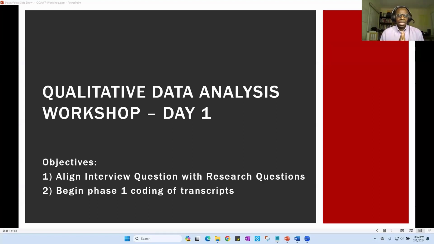Now, this is the qualitative data analysis workshop. The 15-day qualitative data analysis workshop. What we're going to do is walk through the entire data analysis process.